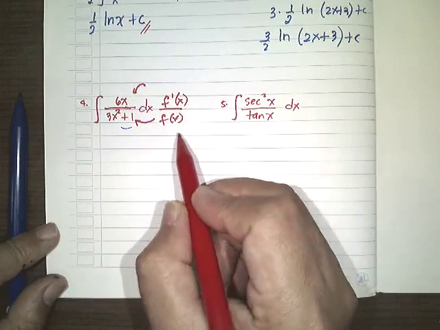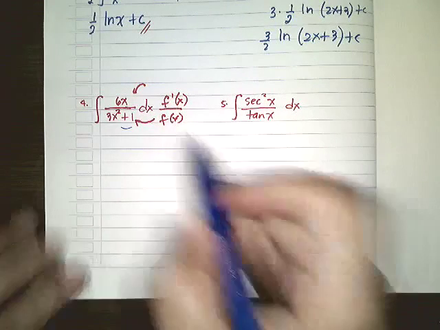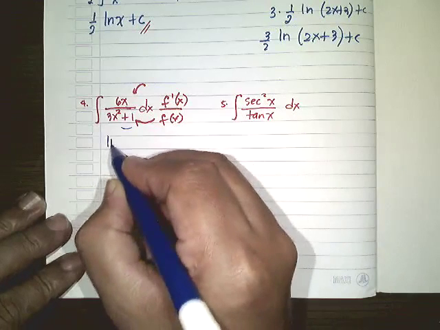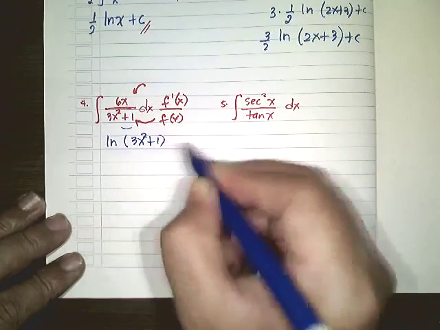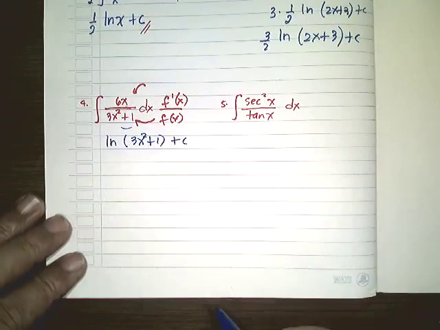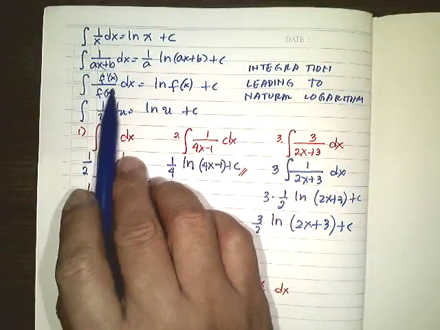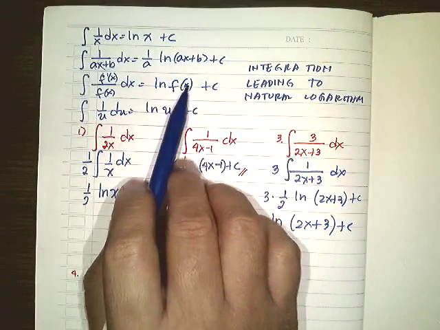So the integral is equal to the natural logarithm of 3x squared plus 1 plus c, because the formula is the integral of f prime of x over f of x dx is the natural logarithm of f of x plus c.